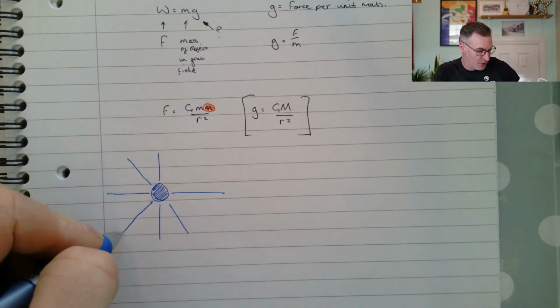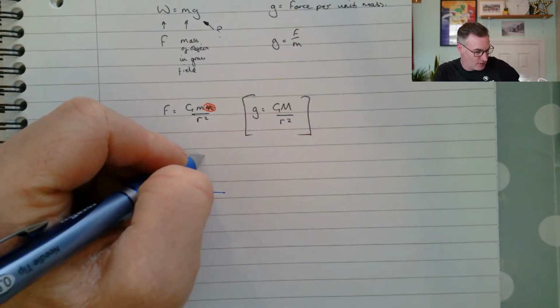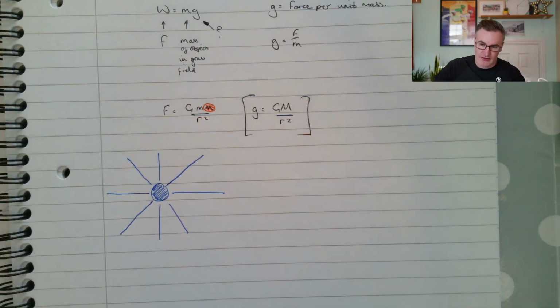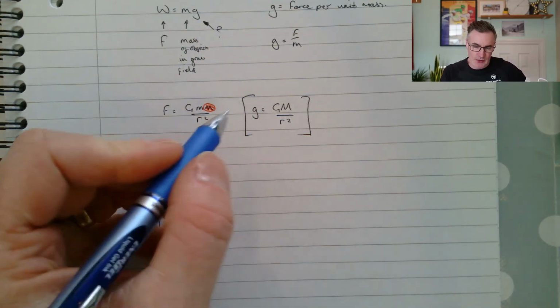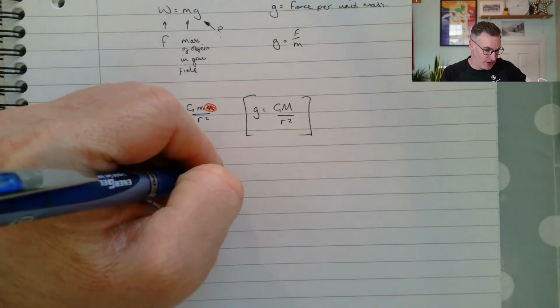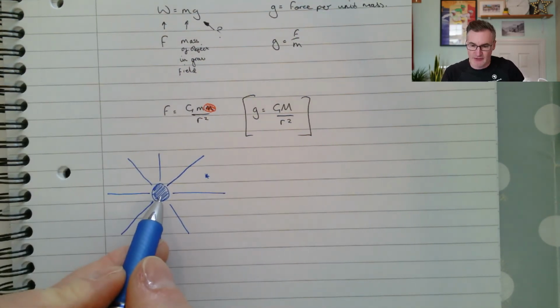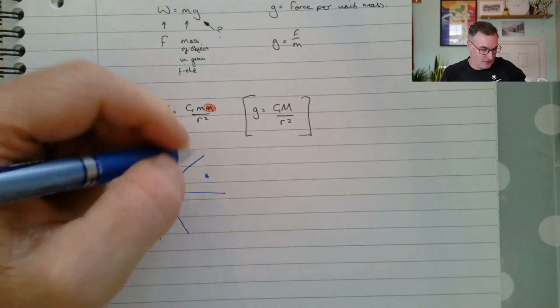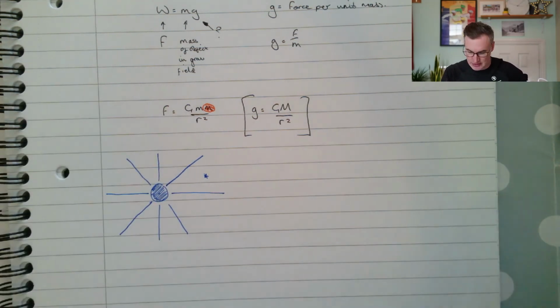But when we're looking at just the simple field, the electric field or the gravitational field, we only have that one object, an object in isolation. And so what this will tell us is the gravitational field strength at any point is determined purely by the mass of the object and the distance from the center of the object, like that.